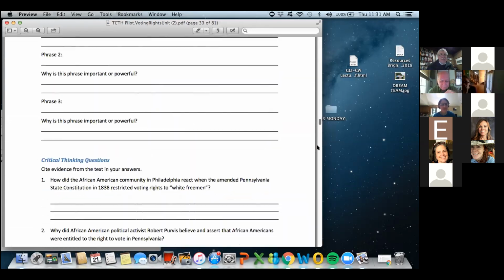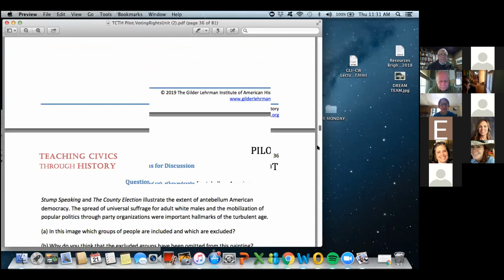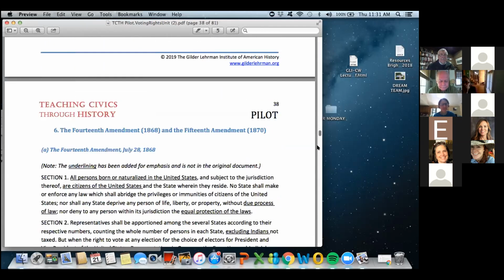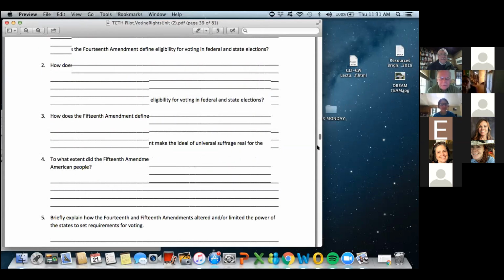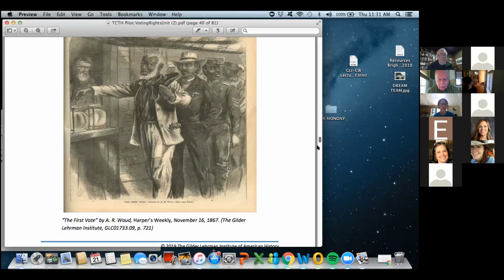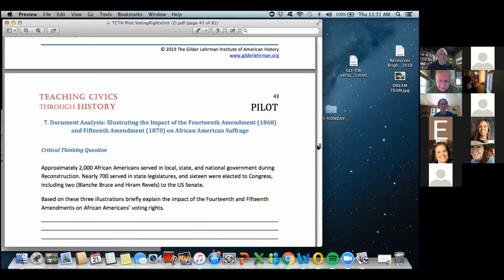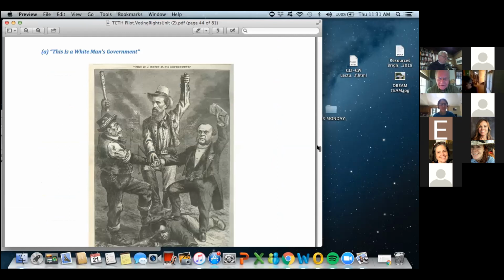John, real quick, while Ron's looking for that, somebody wanted to know, does this unit at all cover the right or the loss of voting for American citizens in prison? No. However, when we've done workshops with this, you can readily go to the New York Times or the Washington Post, and within the last year, even within the last 3 or 4 months, they have had several articles with regard to the controversy.